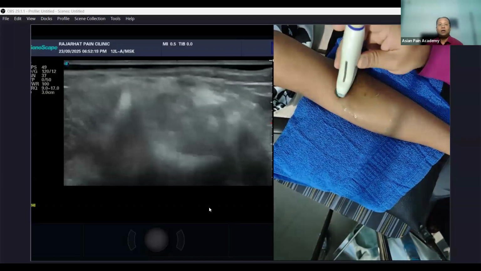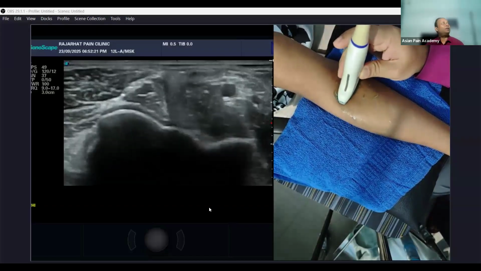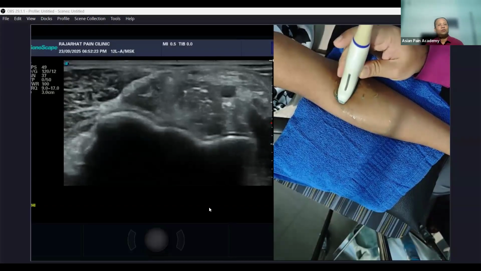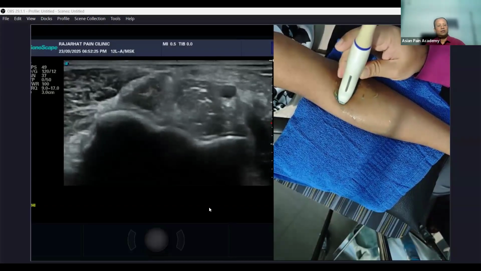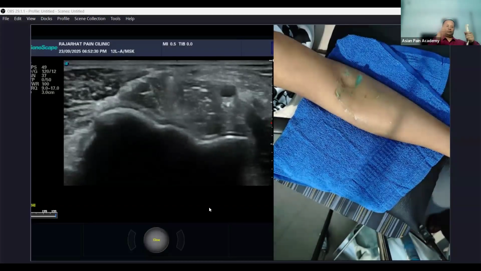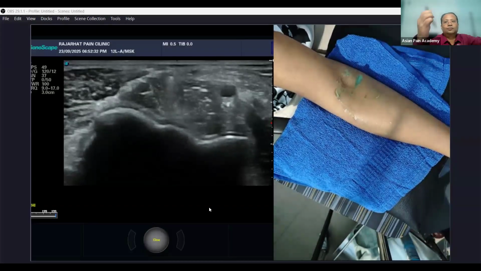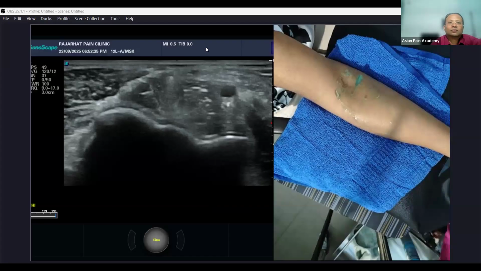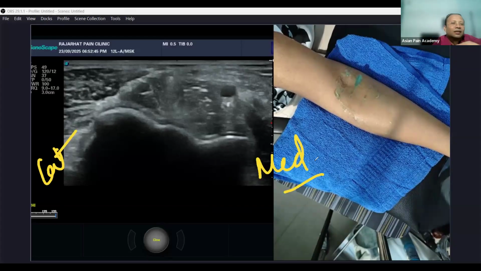So I will again start from the home page view. So this is the home page view. What we are seeing here, I will freeze it. This side is lateral side. This side is medial side.